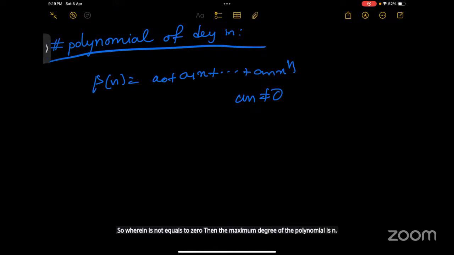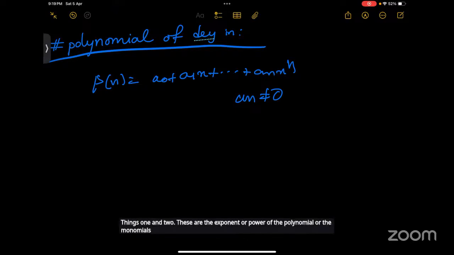This is called a polynomial of degree n, where 1, 2, up to n are the exponents or powers of the monomials, and the ai, that means a0, a1, an, are the coefficients of those terms. The coefficient of the highest degree term will always be not equal to 0.